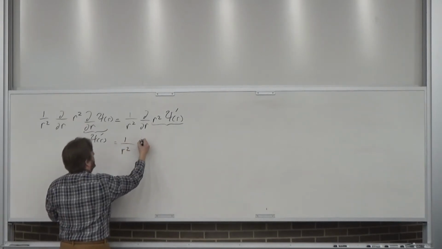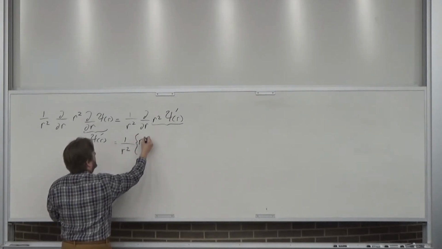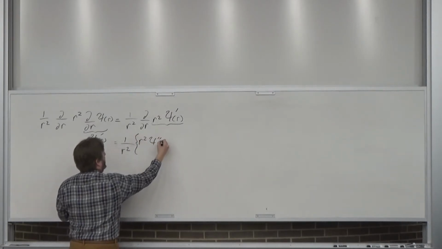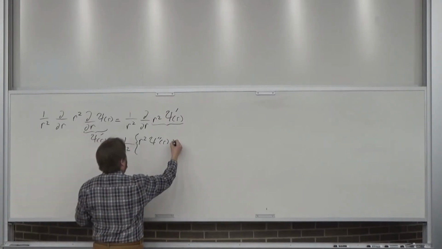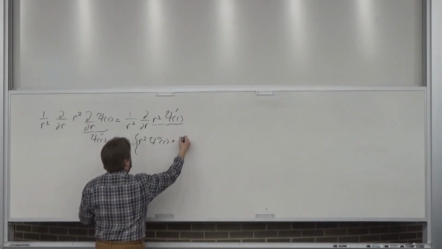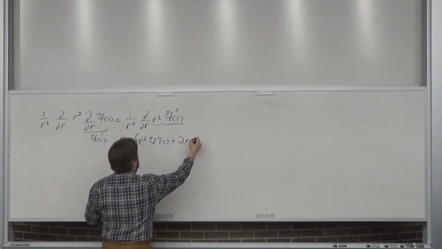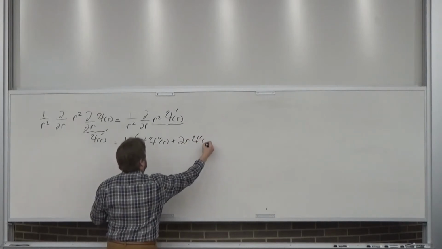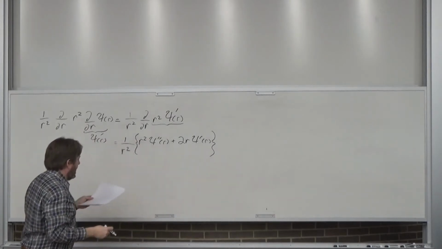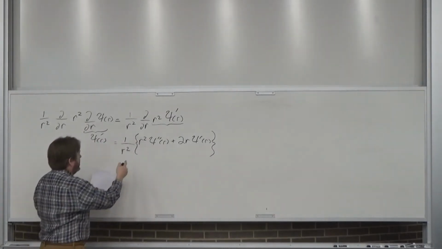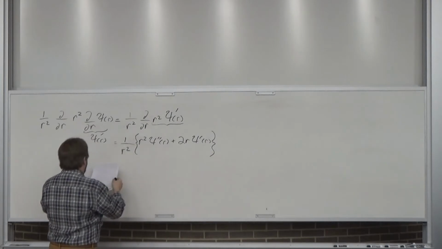Leave this one alone, and I'm doing the derivative of the derivative, so that's the double derivative. And then I leave the derivative alone, and I do the r squared. There we go. And then I have to factor through 1 over r squared.